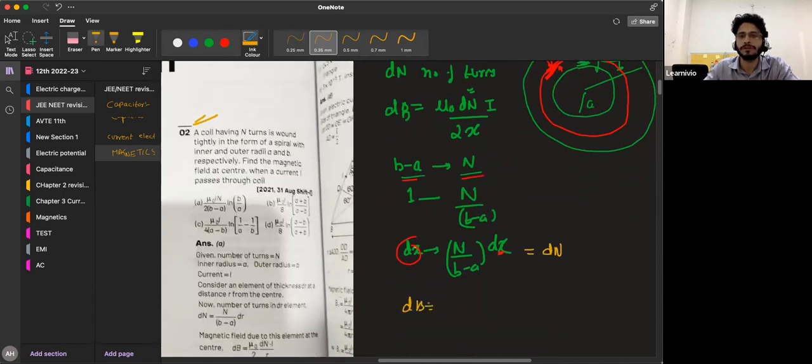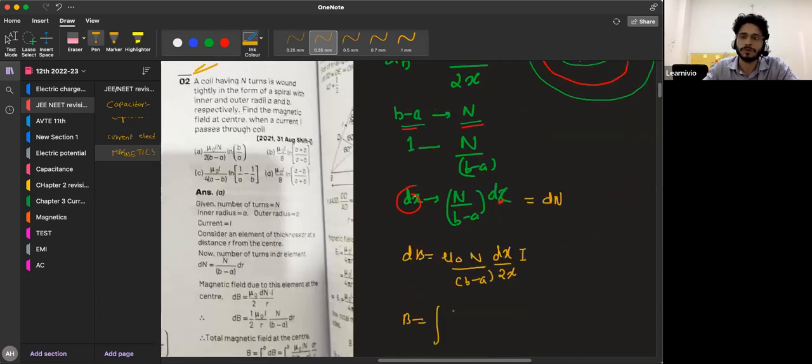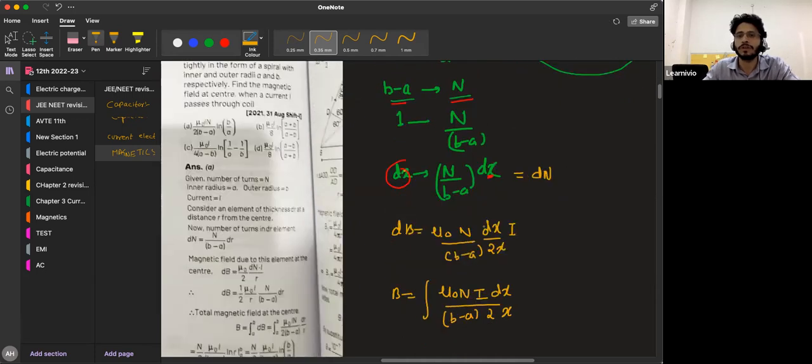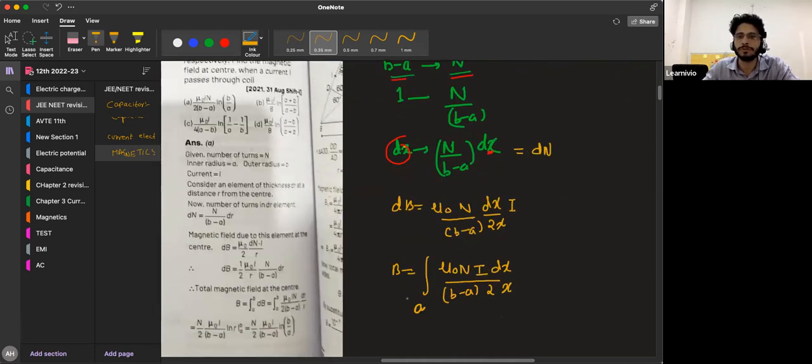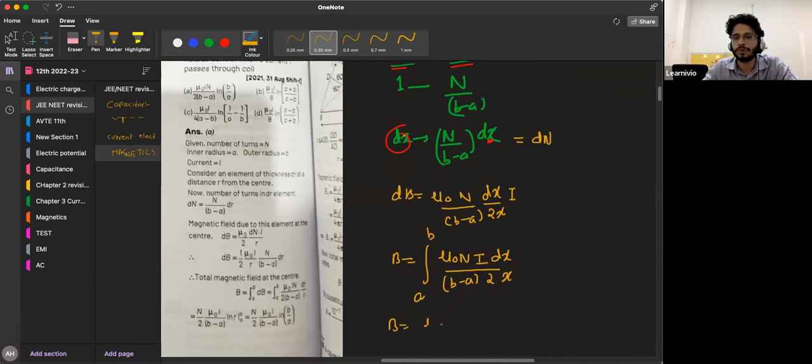So your magnetic field is mu naught dn, which is N by b minus a into dx, divided by 2x, into I. For the total magnetic field, we can just integrate: mu naught N I dx by b minus a into 2x, and this integral goes from a to b. The lower limit is a, the upper limit is b. Mu naught, N, I, b minus a and 2 are all constants.